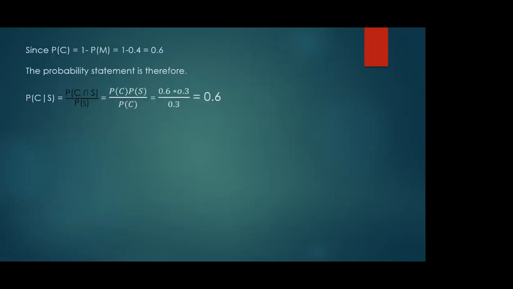Again, if you guys have any questions, please raise them. So now, since we found the probability of M, we need to find the probability of C. Since the probability of C is equal to 1 minus the probability of M, it's going to be 1 minus 0.4, which is equal to 0.6.